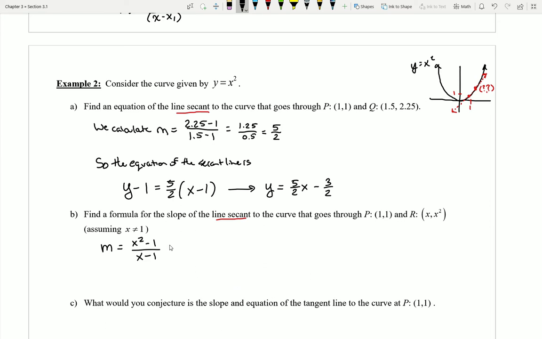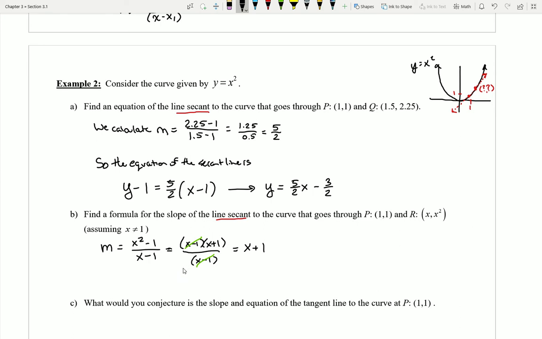Now, I can see here that I could probably simplify this formula a little bit, right? Because the numerator here can be simplified by factoring it and then canceling it out with the x minus 1 that's in my denominator. And so really what I have here is x plus 1 is a nice formula for my slope. Again, this is assuming that x is not 1 to begin with. Otherwise, I would still have a problem from the beginning.